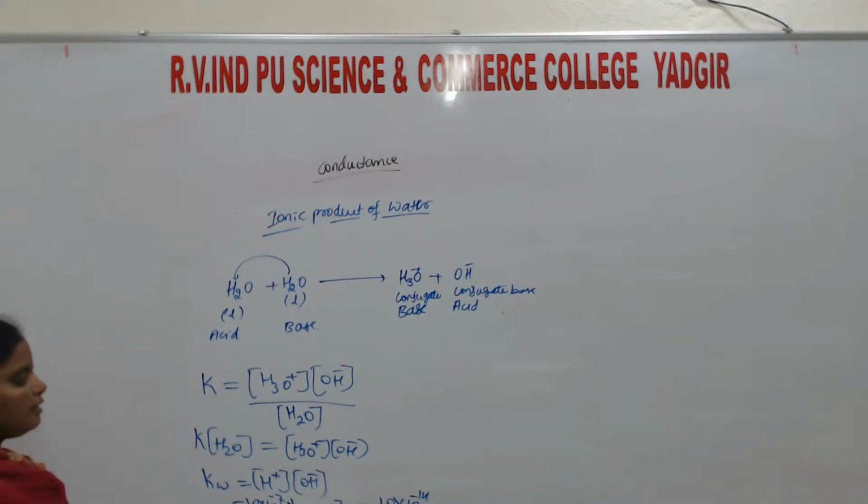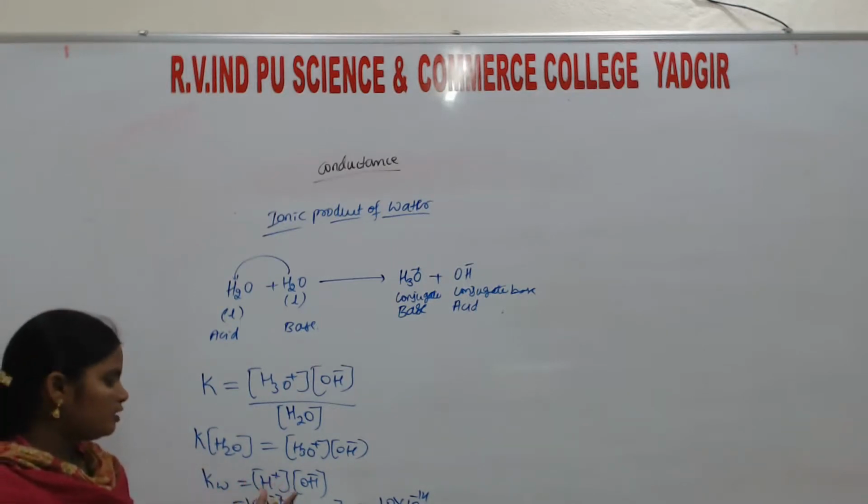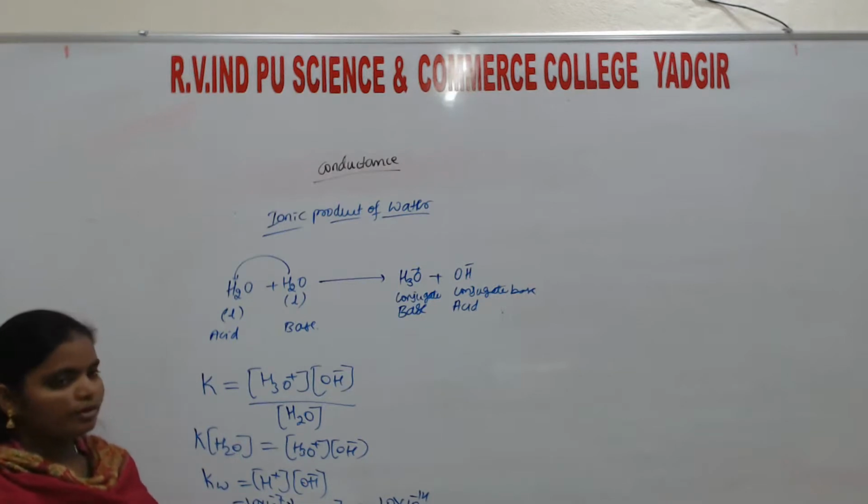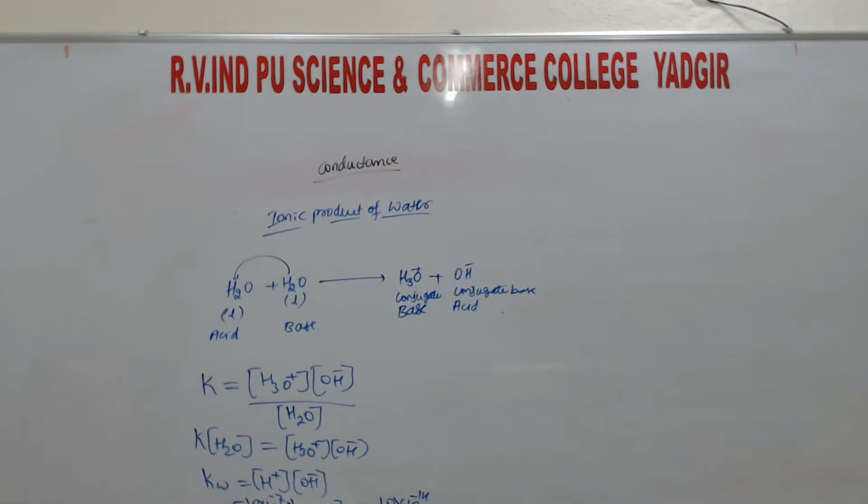If the excess water is neglected, here the ionic product of water is [H plus][OH minus]. It ionized to 1.0 into 10 to the power of minus 7 and 1.0 into 10 to the power of minus 7.